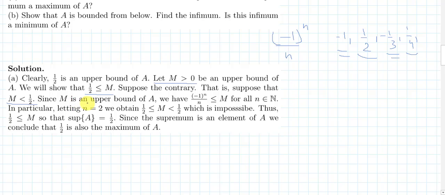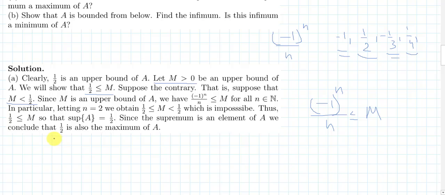And since m is an upper bound of A, we have this (-1)^n over n, our sequence, is less than or equal to m. We consider this contrary, however m is an upper bound, so it satisfies this inequality for all n.